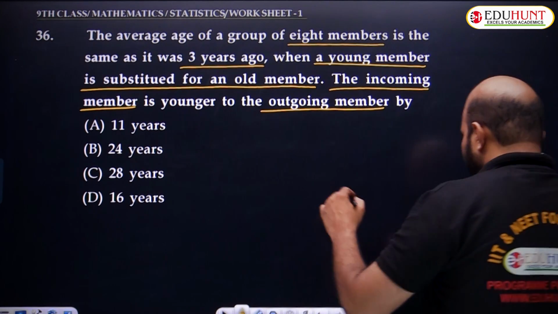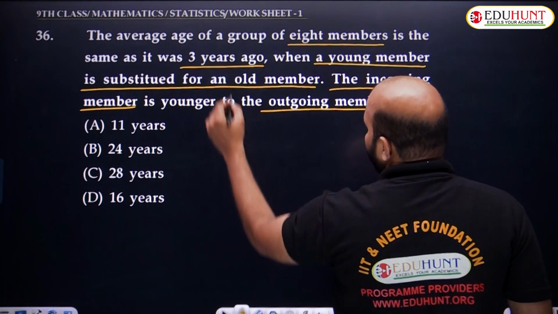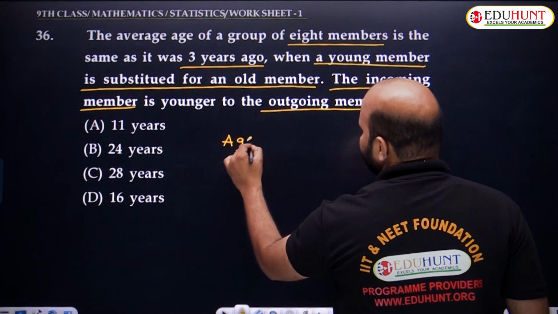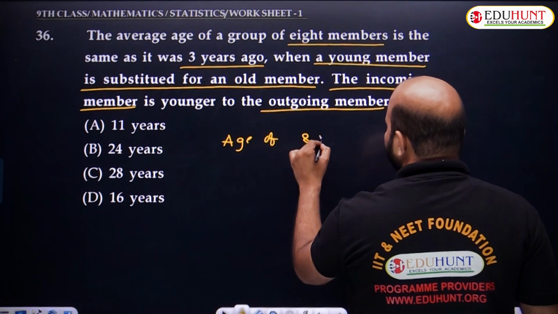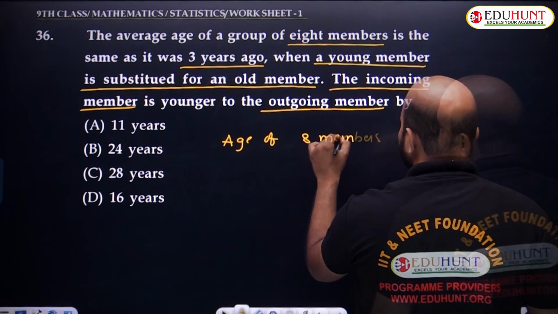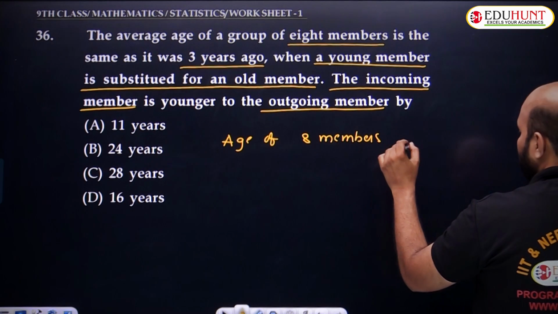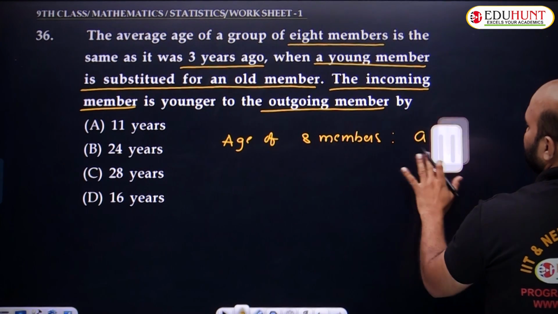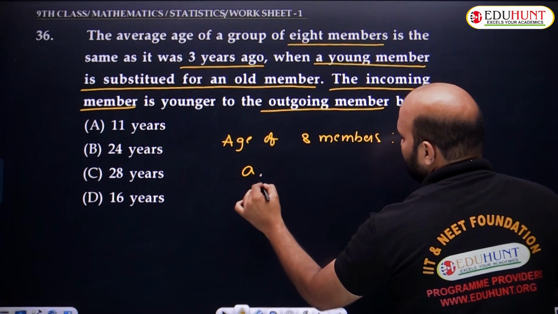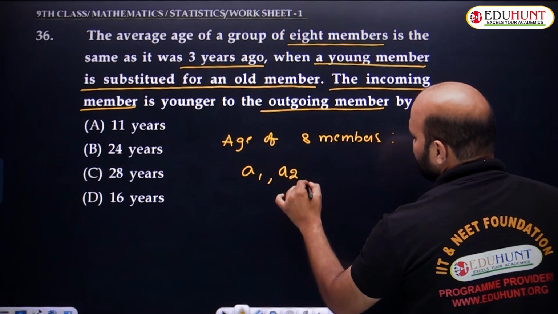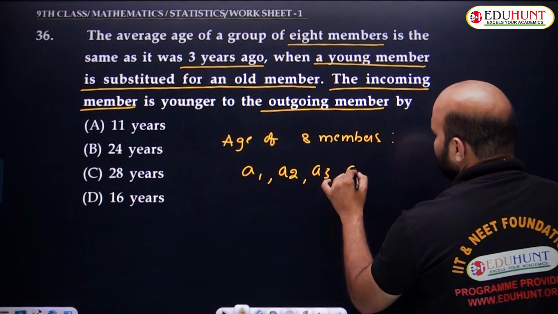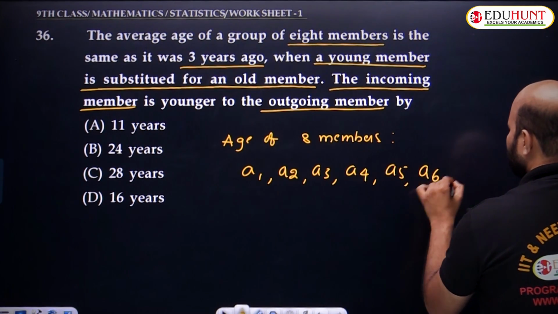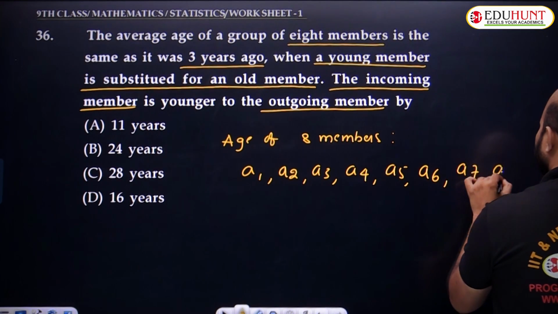So let me take the ages of the 8 members given. Initially 8 members are there, so let me take the ages of the 8 members as A1, A2, A3, A4, A5, A6, A7, A8.